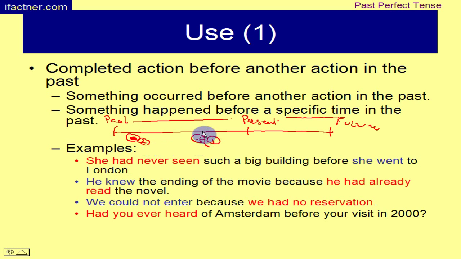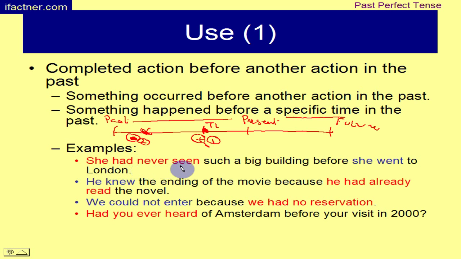Or if an action occurred or happened before a specific time, for example T1, in the past, then that is also represented by past perfect tense. Let's see a few examples.